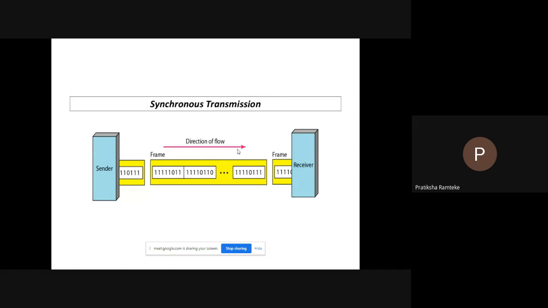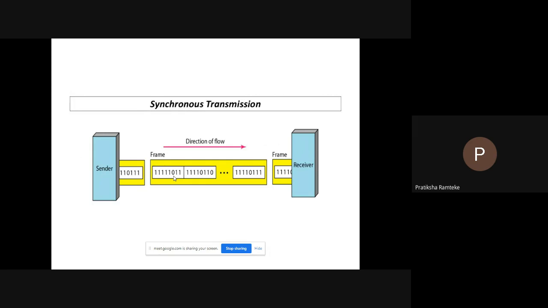In synchronous transmission, we don't use a start and stop bit. Instead, an extra clock pulse creates the synchronization and tells the receiver that the data has arrived so it can receive the data. In synchronous transmission, the data is transferred in the form of frames or blocks, and there is no gap between the data.